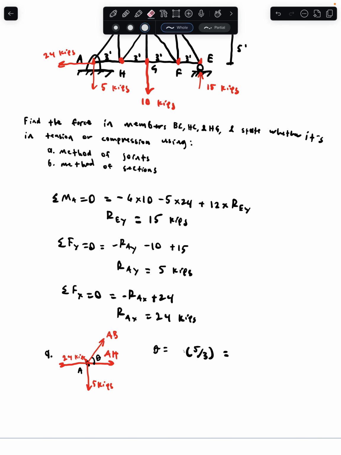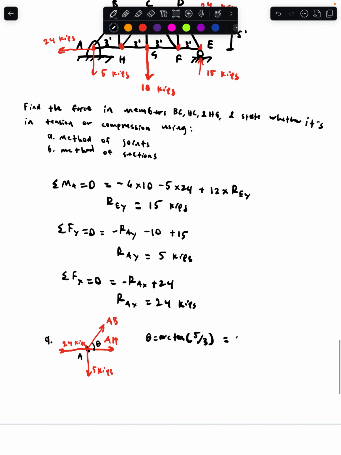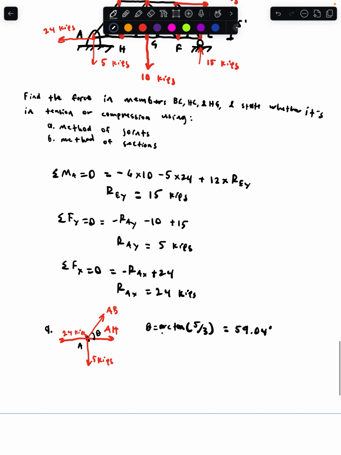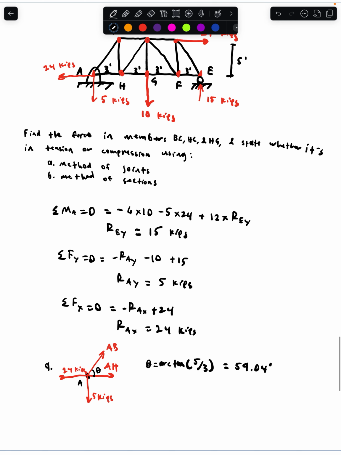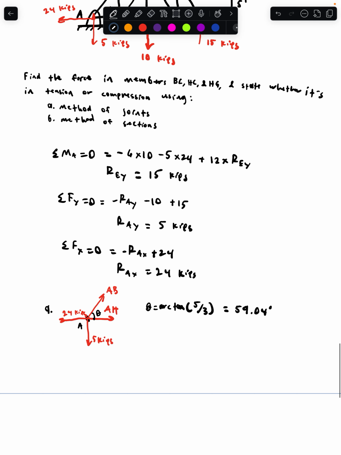I'm sorry, that should be arctan. So that's going to be 59.04 degrees. Sorry about that, I just forgot to make that the tangent inverse. Okay, so we should have enough information to go ahead and solve for these member forces, AB and AH now.